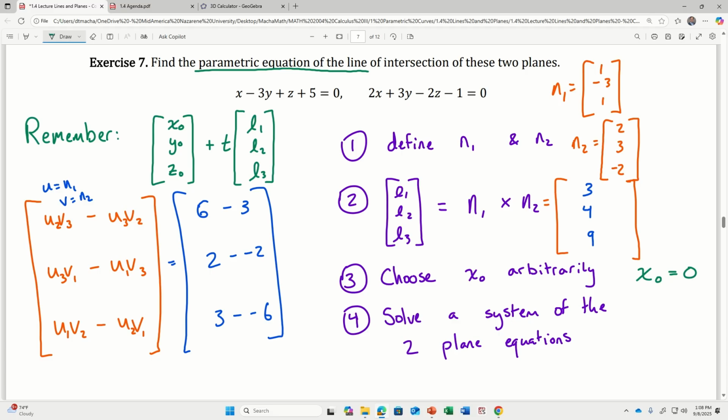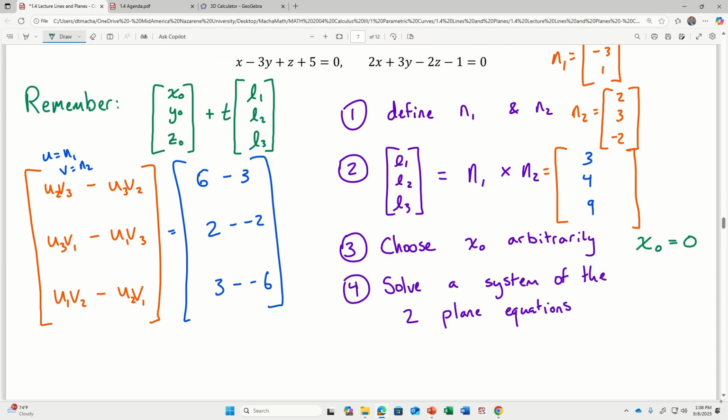And then what I mean by step number 4, solve a system of the two plane equations, is bring these guys down. I'm going to plug in x equals 0, and I get the equation negative 3y plus z plus 5 equals 0, and the equation 3y minus 2z minus 1 equals 0.